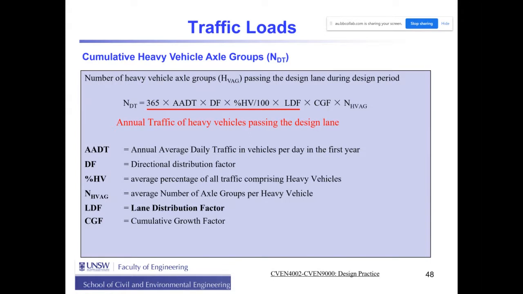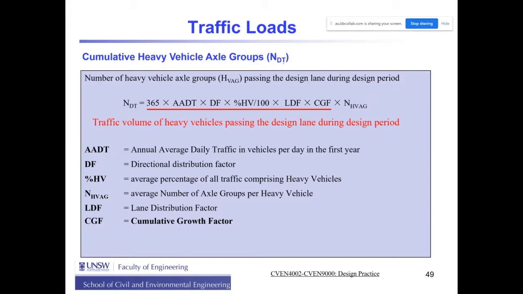So far, this value is for one year, for the first year of service. In order to determine the value for the whole design life, we need to multiply it by the cumulative growth factor. So it becomes traffic volume of heavy vehicles passing the design lane during the design period.